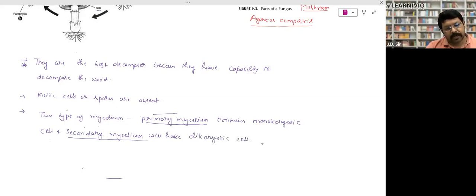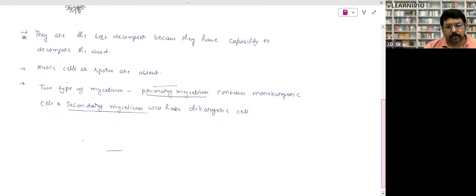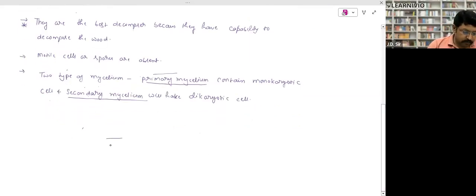Means secondary mycelium will have 2 nuclei, right? So they are called dikaryotic. So there are 2 types of the mycelium. Now, sexual reproduction.